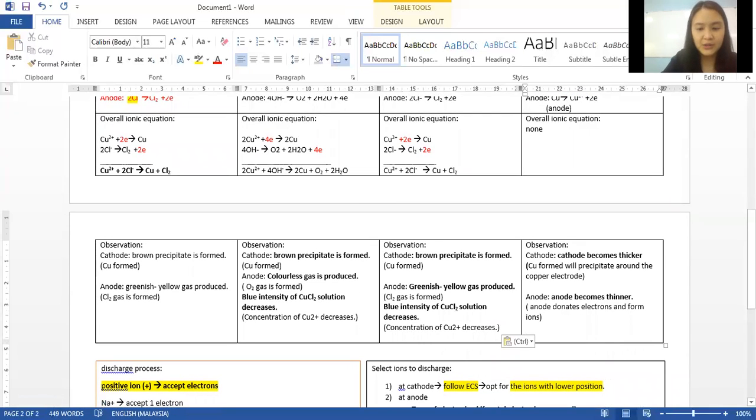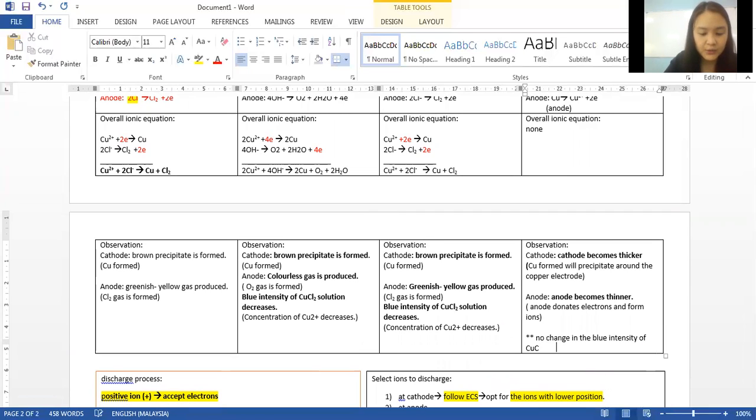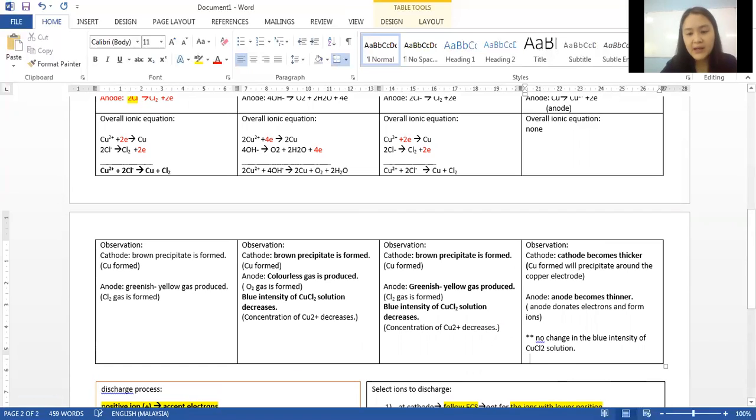So this is an extra note. So no change in the blue intensity of CuCl2 solution. Right? So there's no changes. All right. So if people ask you why there's no changes? Because the concentration of Cu2+ remains the same.